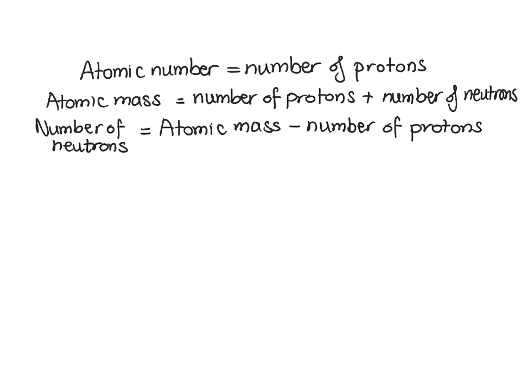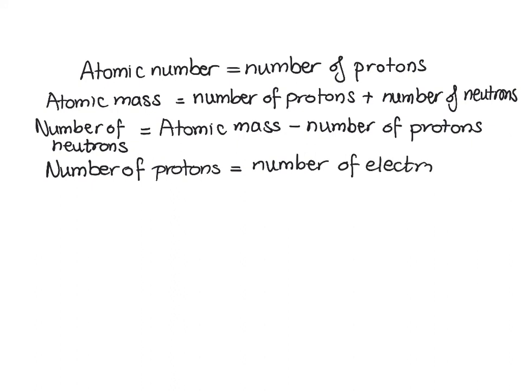And in order for atoms to be neutral, the number of protons must equal the number of electrons. So those are the 4 features of atoms that really are essential to remember when trying to look at the different features of the atomic structure.